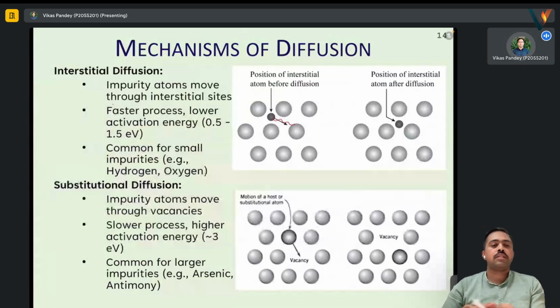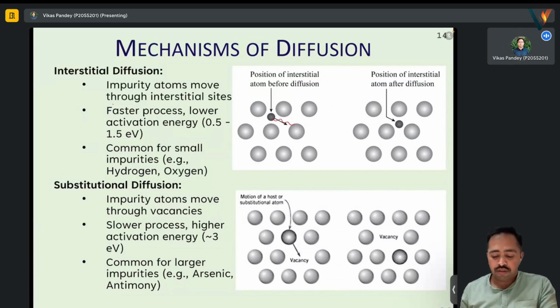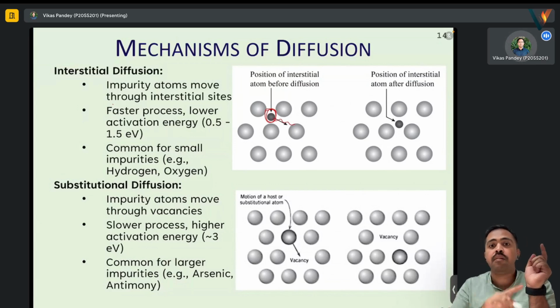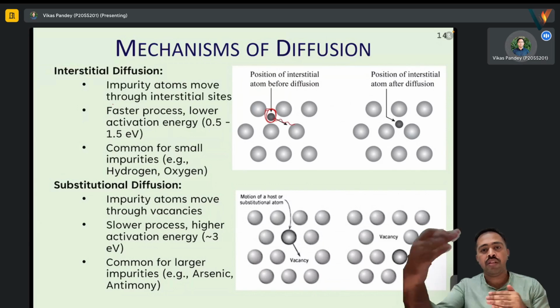So let's continue again. There can be two mechanisms of diffusion. One is interstitial diffusion, that is, impurity atoms moving through interstitial sites, that is not at the lattice positions, but in between the lattice positions, somewhere between the atoms.